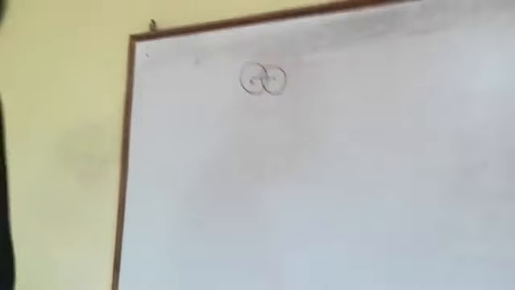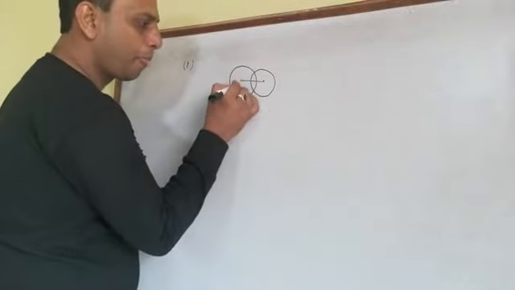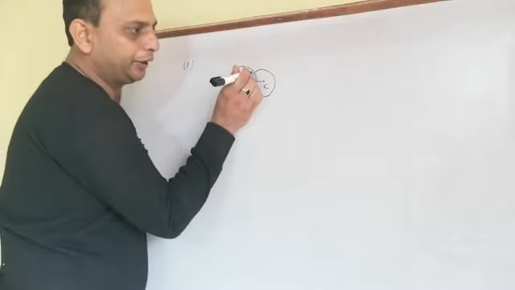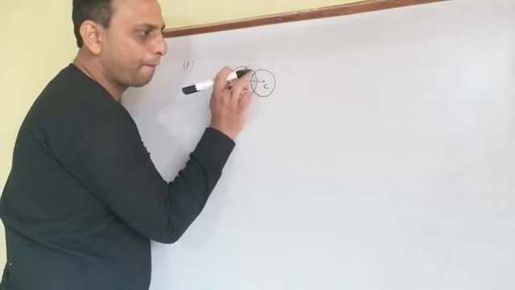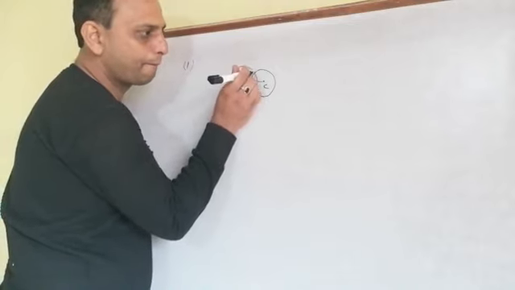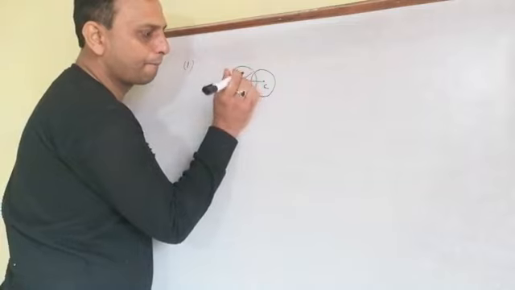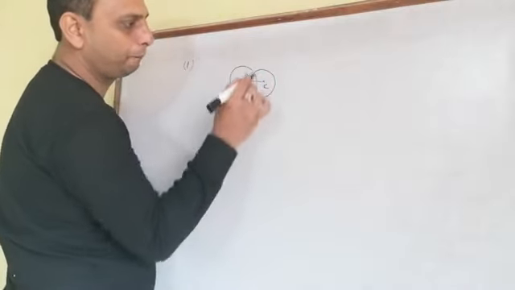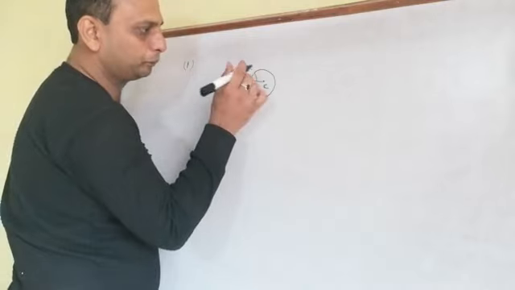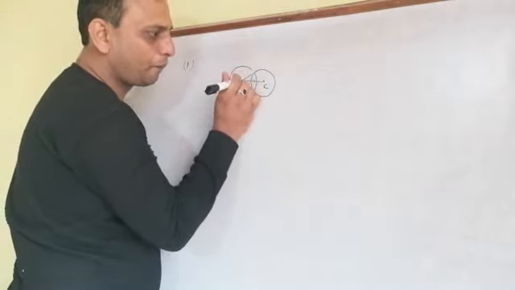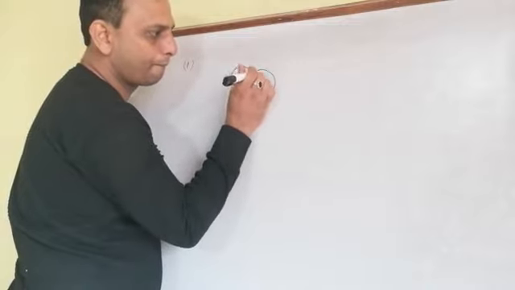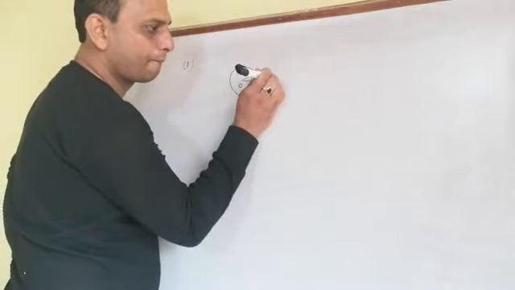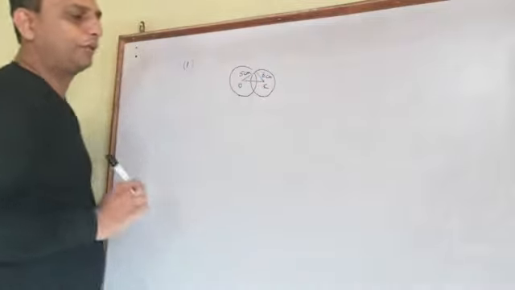So we can write the center O and the other center as C. And from the center to the circumference, this is 5 centimeter.